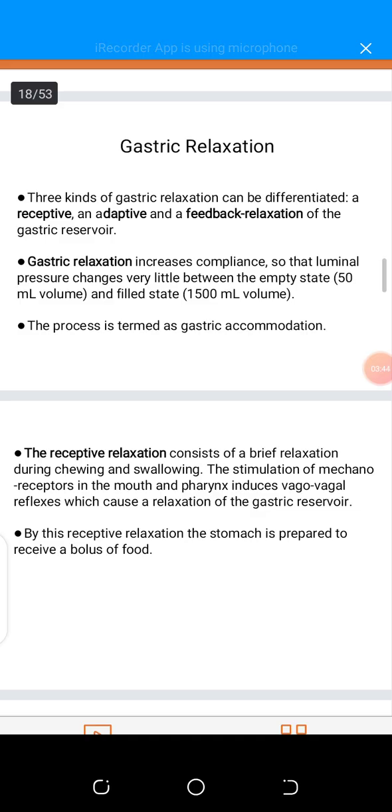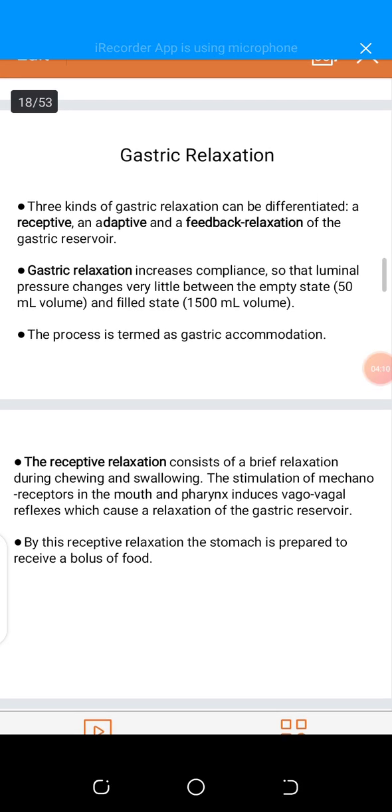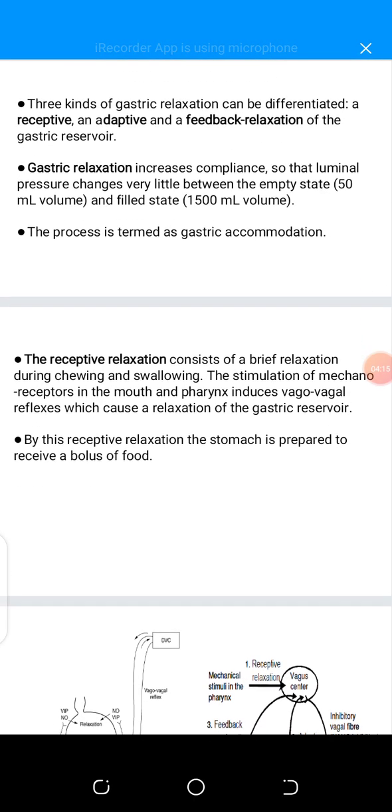When the compliance is increased, the stomach is able to accommodate a meal of up to about 1,500 milliliters with very little or minimal pressure changes. This process is termed gastric accommodation.